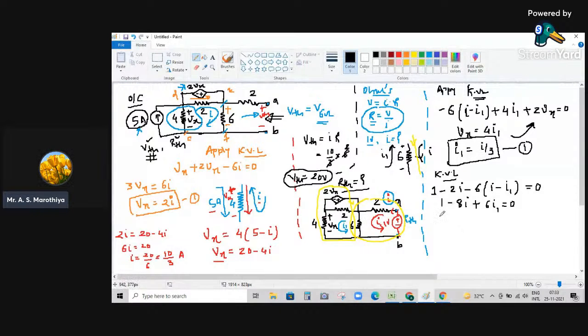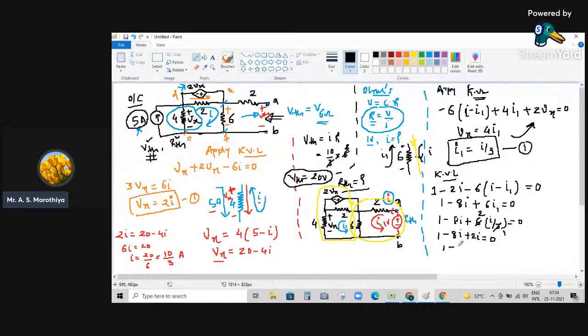So I can write here 1 minus 8I plus 6 times I1. Now what is I1? It is I by 3, and this is going to be equal to 0. So 3 ones are 3, and 3 twos are 6. So I can write 1 minus 8I plus 2I is 0.